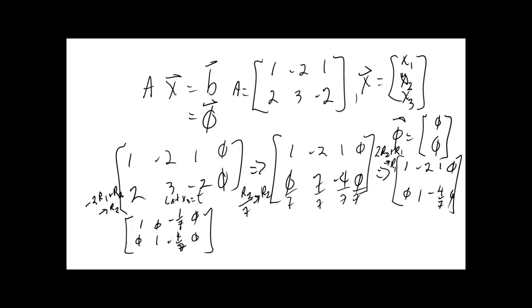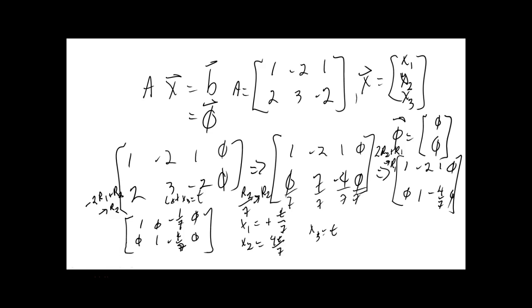But then your x1 is equal to 1/7 t, or t over 7, and x2 is equal to 4t over 7. And x3, of course, is equal to t, because that's where we chose it. And that's as close as we can get to an answer.